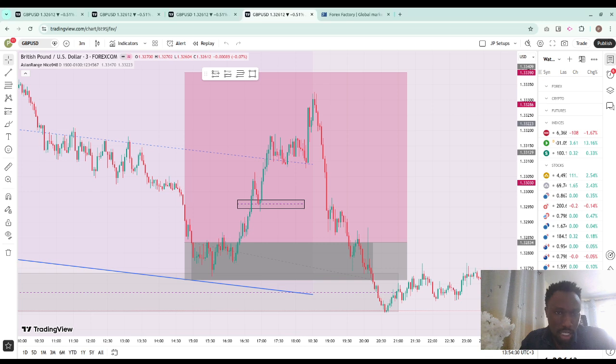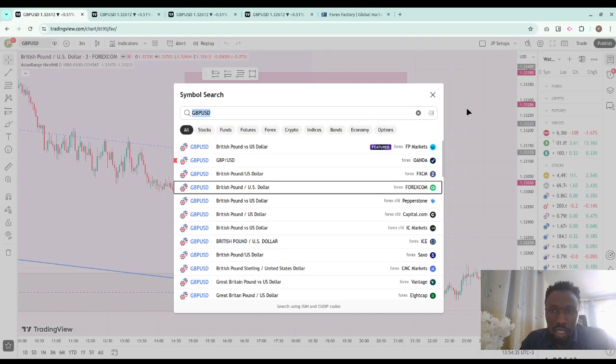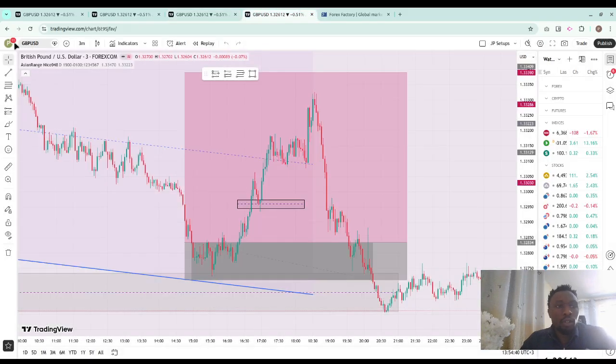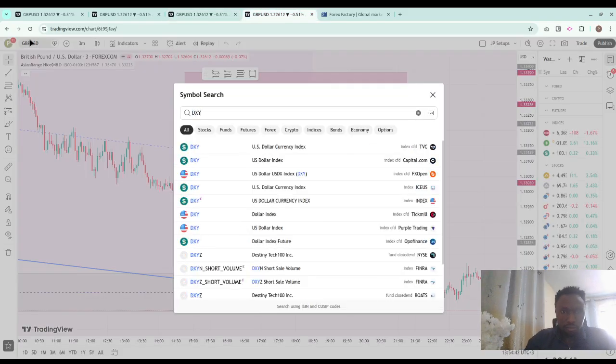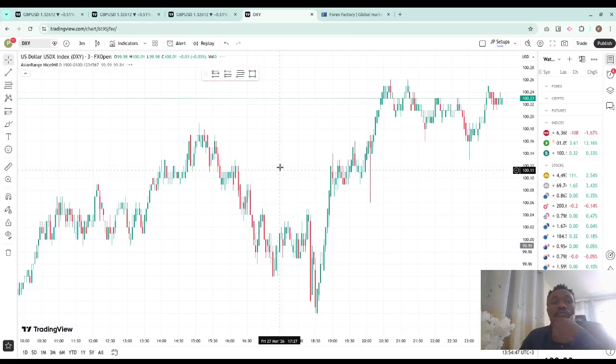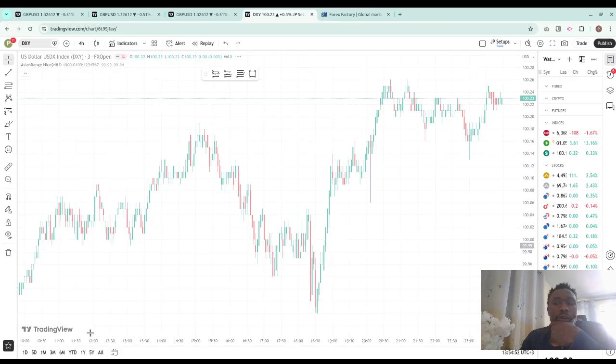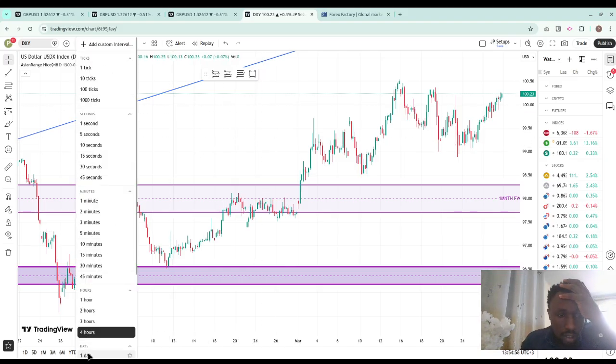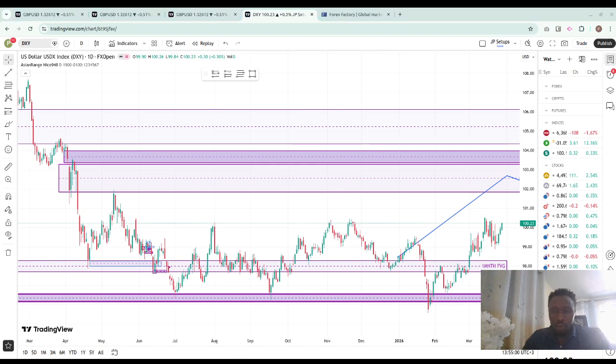So let me quickly clear this. Okay, let's start with the DXY, on what I'm seeing on DXY. If we come to the 4-hour time frame, let's start with the daily. 4 hours time frame.